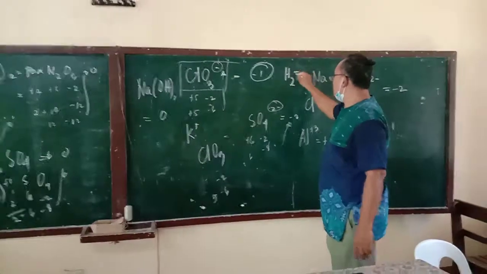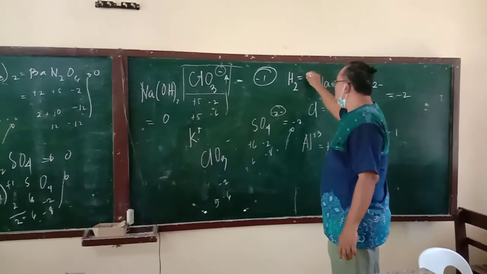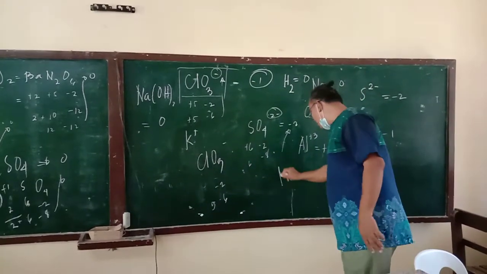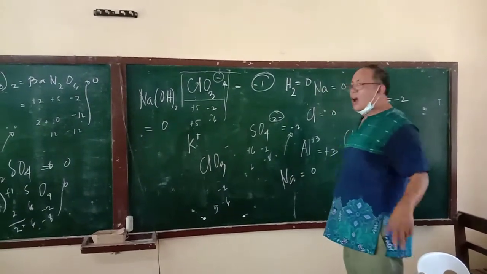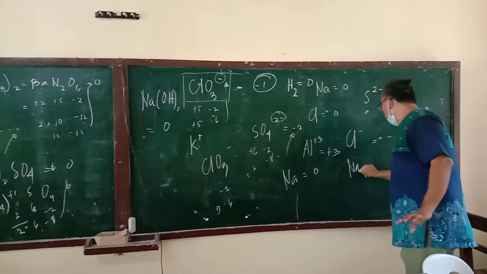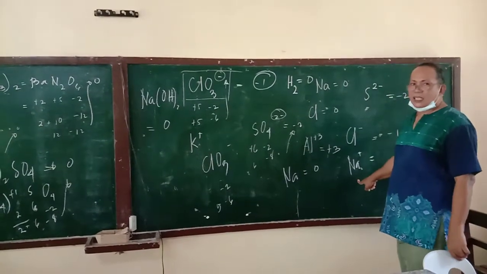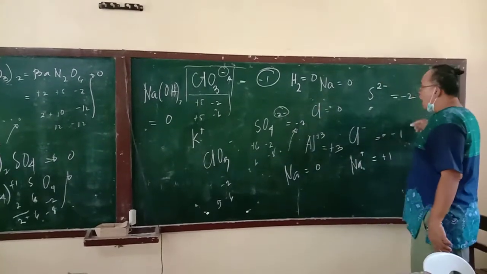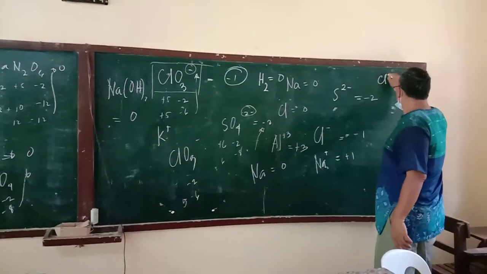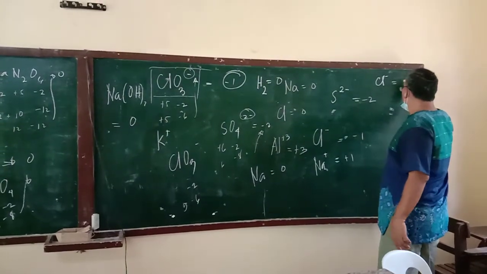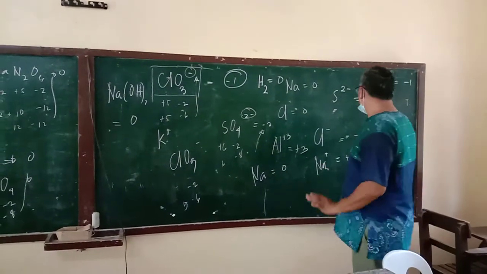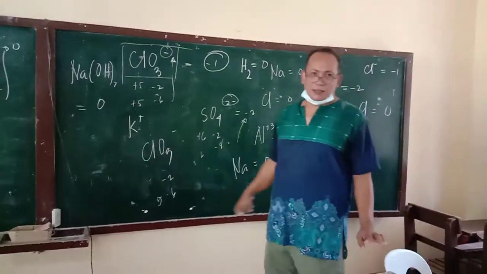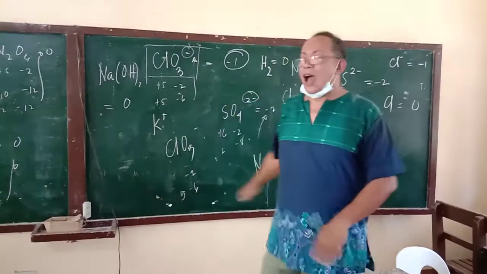Hydrogen 2, pila man ang oxidation number? 0 kay molecules na siya. Kung sodium, plus 1. Automatic, ang iyang oxidation is positive 1. Kung Cl negative, ang oxidation number is negative 1. Pero kung Cl lang, wala yung mga ion, 0 na automatic. Nakuha ninyo, class?